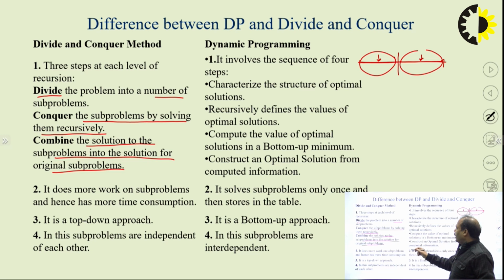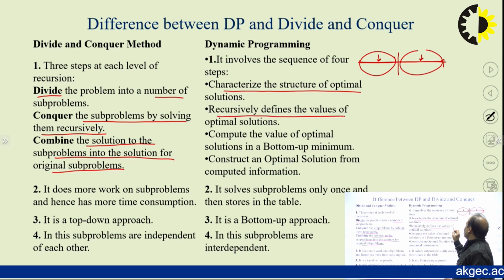While dynamic programming involves a sequence of 4 steps. First, it characterizes the structure of an optimal solution, how the solution will look. Second, once we characterize the structure, we recursively define the value of an optimal solution.